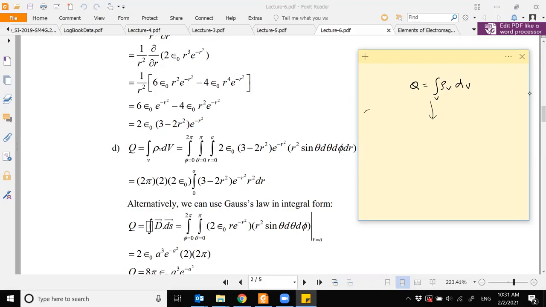Now, for finding the charge, there is another approach. This was the first approach. Another approach is Gauss's law, because we know the closed surface integral of D bar dot dS bar is nothing but the charge enclosed.